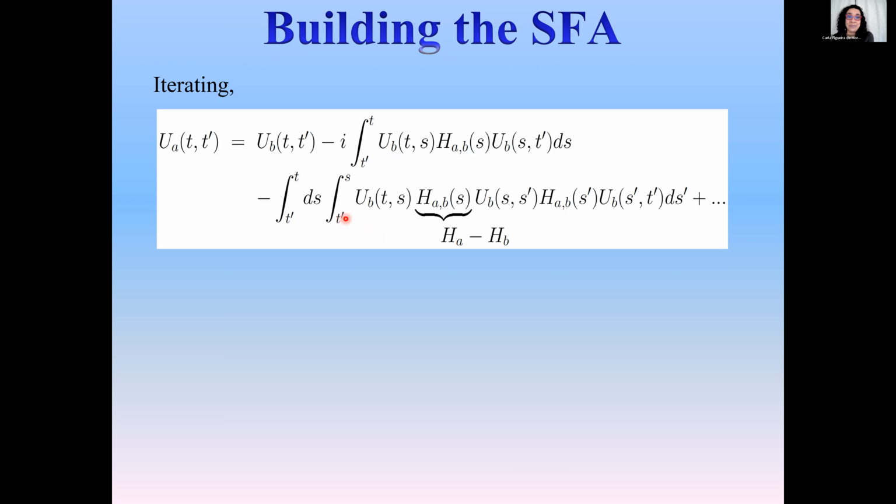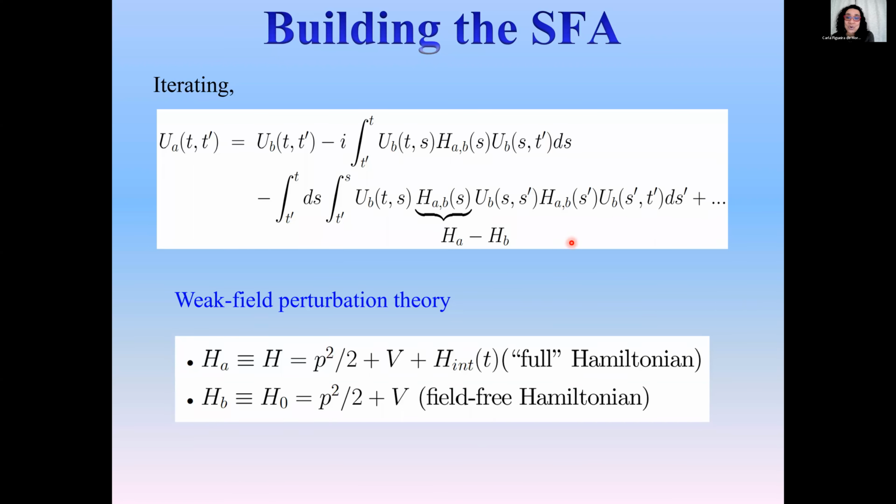And you get also time ordering, as you can see. And what we know from our quantum mechanics courses, like fourth year, is the weak field perturbation theory. So you have H_A, the full Hamiltonian, H_B, the field-free Hamiltonian, and the perturbation is going to be this guy, which is the interaction with the field.